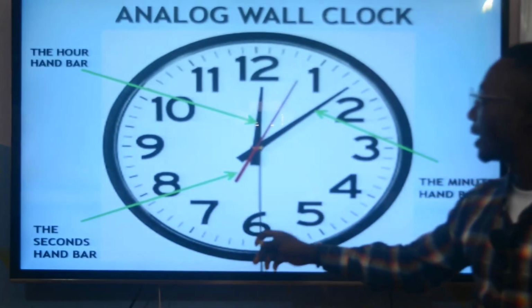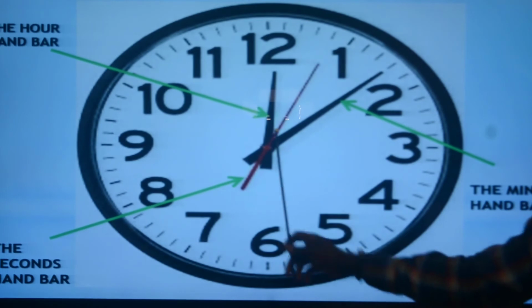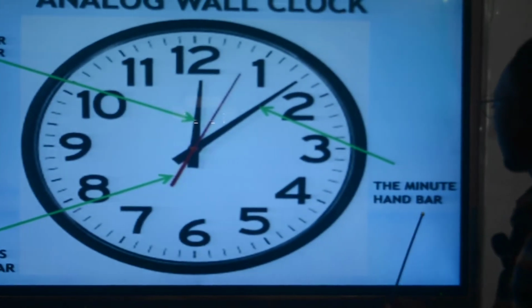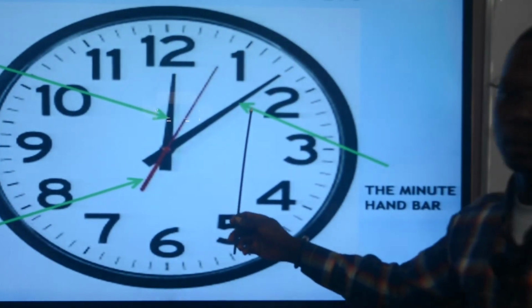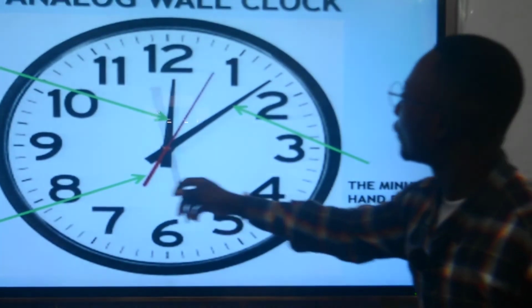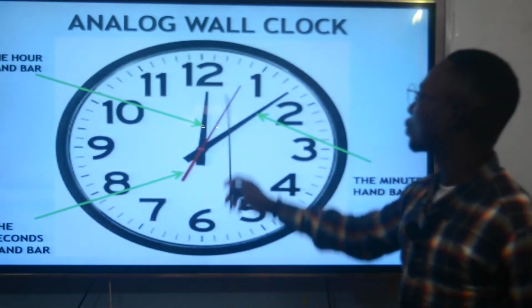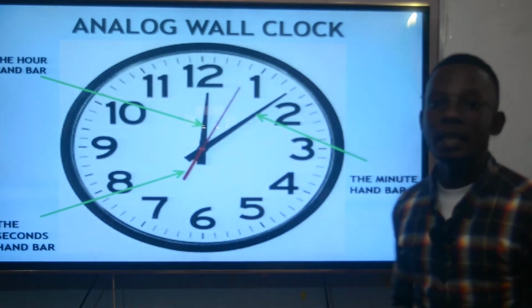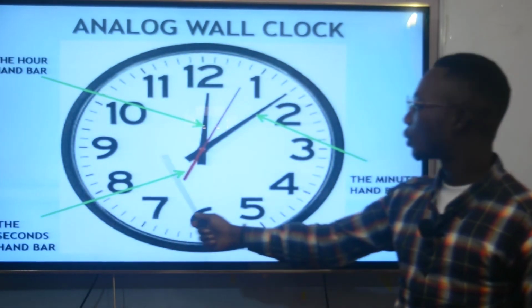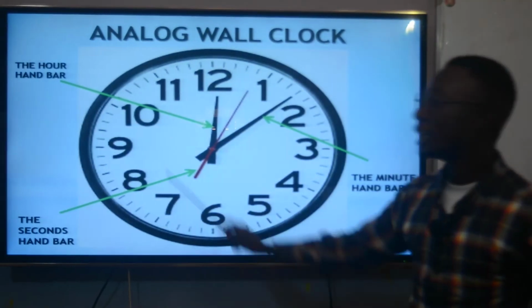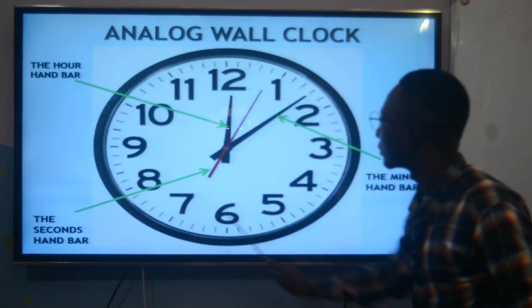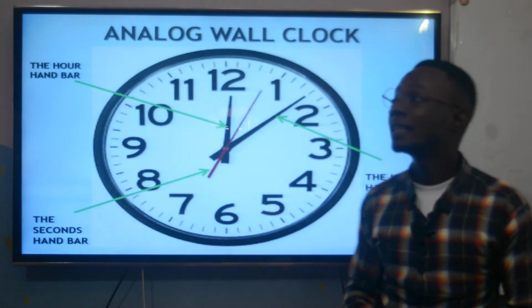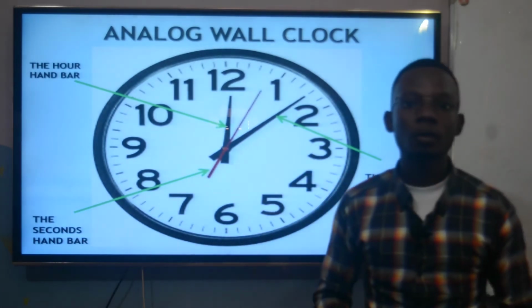We also have the minute hand bar, the long one here. If we check the time here, it's 12 hours and 8 minutes. It's being counted in measurement like this.